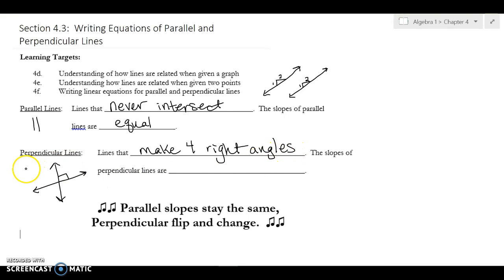The symbol for perpendicular is actually an upside down T. With perpendicular slope, they are the negative reciprocal. So if my original slope is 2/3, my perpendicular slope is the negative reciprocal, which is just flipping it.